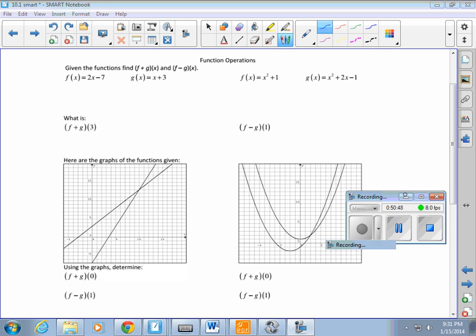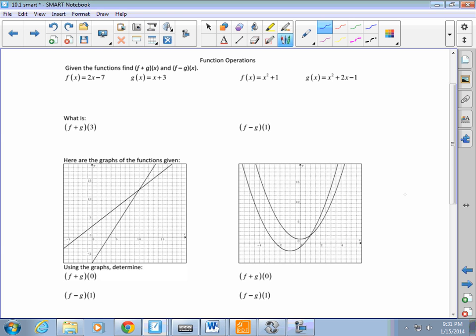Okay, now the last page here is basically a recap of what we're doing with function operations, addition and subtraction, and then looking at the graphs and doing some addition and subtraction with them. So if I'm given the function, find f plus g of x and f minus g of x.